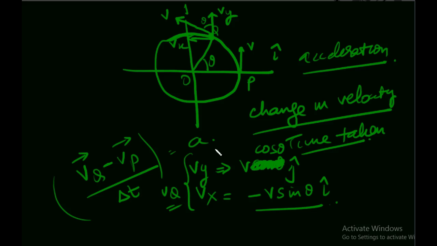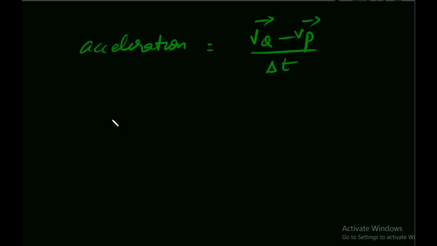But here at P, there is only one velocity, Vj. Because being tangent and starting from P, which is horizontally located on the x axis, the velocity x component will be 0. No Vi. So acceleration would be equal to Vq minus Vp over time taken, right?